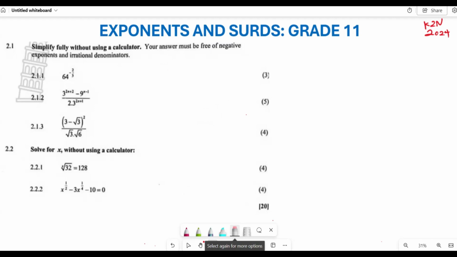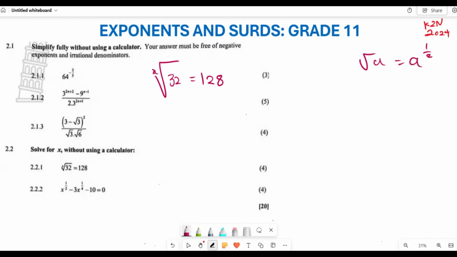2.2.1, right? Now, if you look at 2.2.1, what is the data that I'm having there? This is the x-th root of 32, and this is 128, altogether. Now, how do I get rid of the square root? We all know that the square root of a is the same as a to the power of 1 over 2, because the square root here means you have an invisible 2 over here.